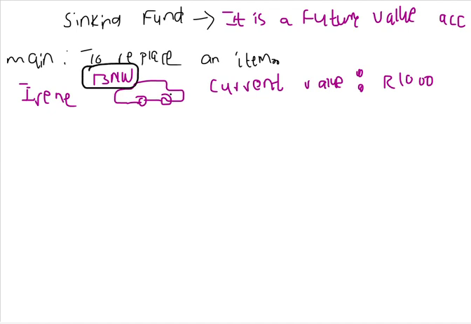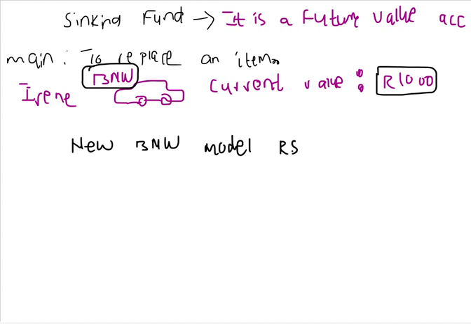This BMW at present is worth 1,000. We know that new models are being developed each and every time. So let's say the new BMW model now costs 5,000 rands.